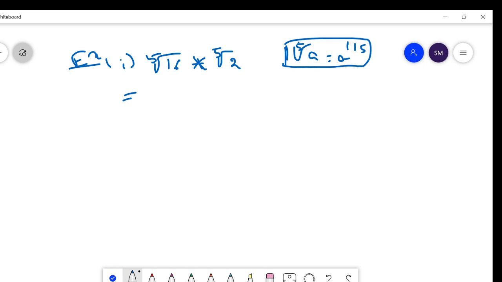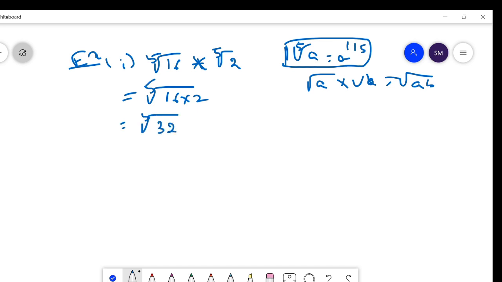Then 16, we can take it inside; recall root a into root b, the identity is root ab. In the same way we can write 16 into 2, whole to the power 1 upon 5. Then this is 32 to the power 1 upon 5. 32 can be written as 2 to the power 5, and root 5 means 1 upon 5. Then 5 cancels. Answer is 2.